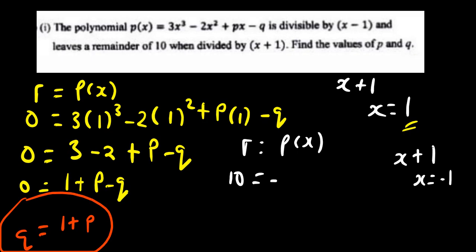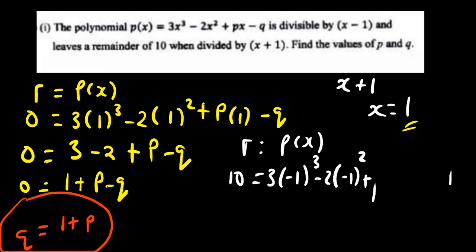So we have 3 times negative 1 to the power 3, minus 2 times negative 1 squared, plus p times negative 1, minus q.